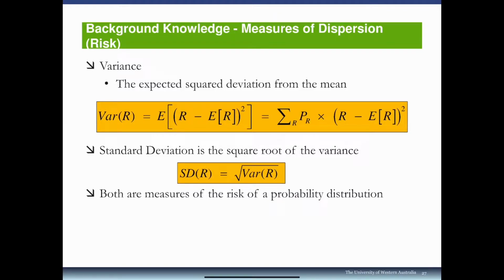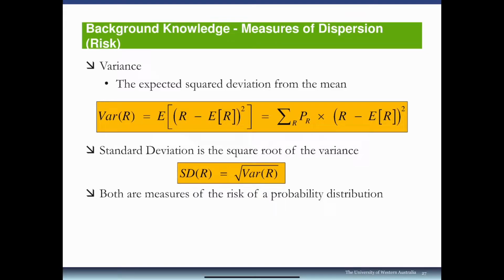The variance is equal to the summation of the probability of a particular event times the return in that event minus the expected return, squared. If you have seen this, it's just the formula. If you haven't, don't be intimidated. It looks difficult, but it's actually not.